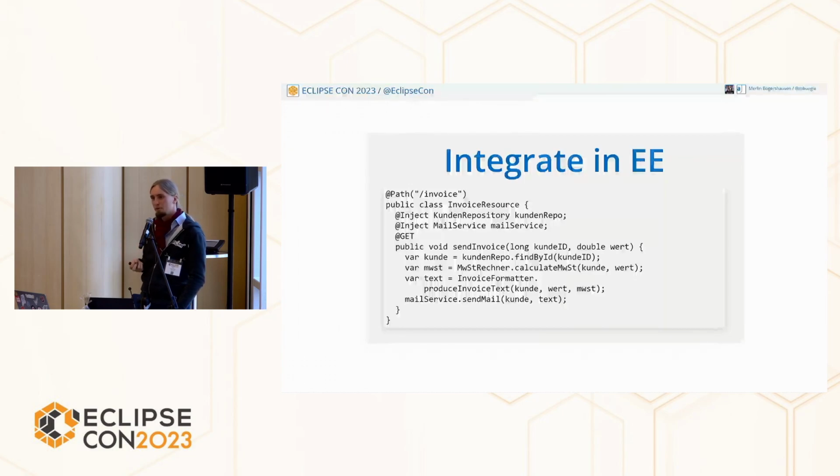That can be tested really, really fast just with JUnit in about, even if you write a lot of tests, a couple of seconds. And the technical stuff, like finding the Kunde and sending the mail, that's just standard stuff.